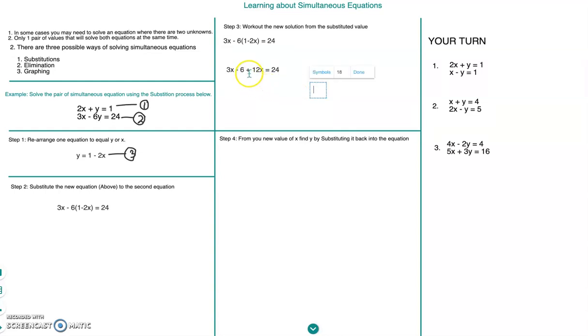Okay. Now, in mathematics, we want to make terms alike. So what we have to do is to essentially have the x values together and the non-x values together. So this means that it is going to be 3x plus 12x is equal to 24 plus 6.